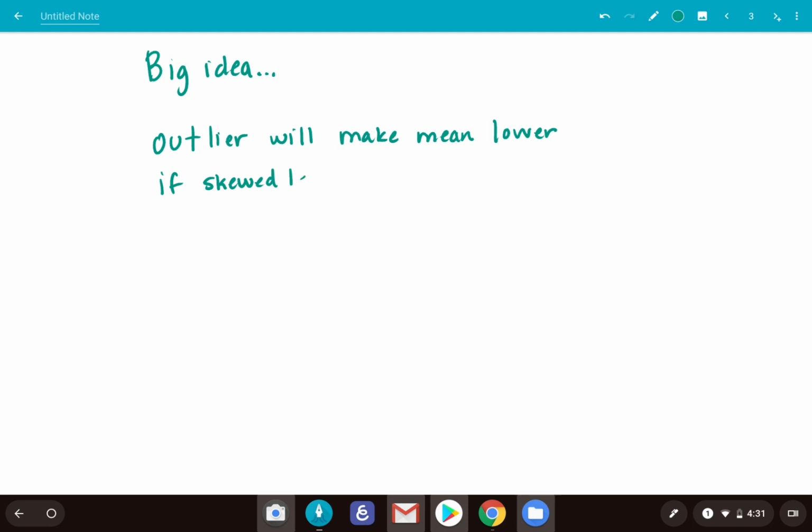So the big idea is that the outlier will make the mean lower if it's skewed left, higher if skewed right.